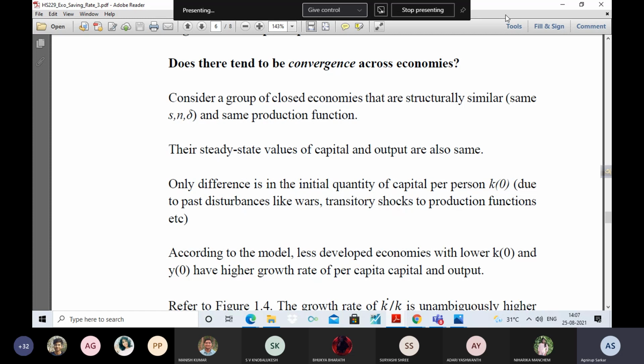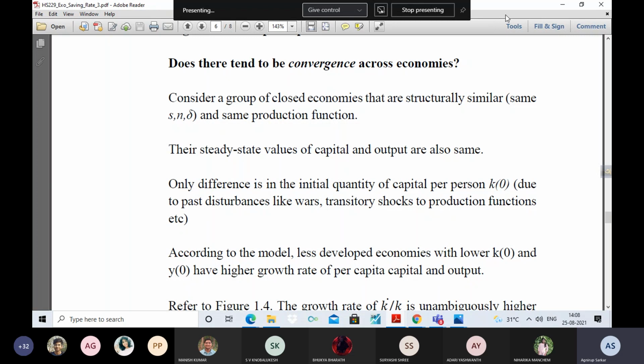And they also have the same steady state, because the point of intersection of the s f(k) by k schedule, which is determined by the production function, and the n plus delta schedule determines your steady state capital and steady state output, right? Since the countries are similar in production function and other parameters, their steady state values of capital and output would be similar also. Let's call these steady state values k star and y star.